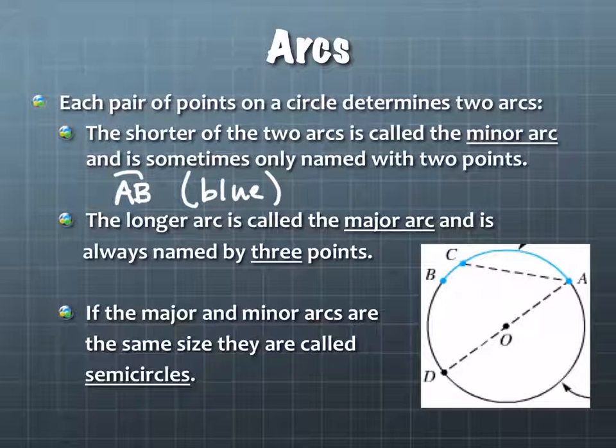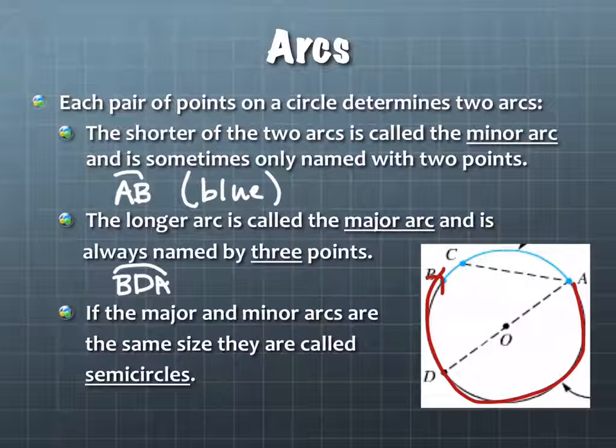So for the major arc AB, what would we call that with the things that are already labeled? BDA, or ADB. It doesn't matter where you start and where you end. But the idea is that you'd have to go around this way, instead of along the blue part of the circle.